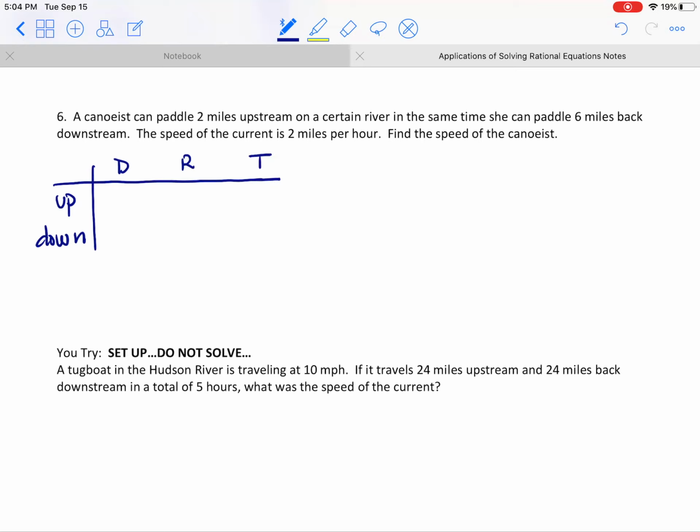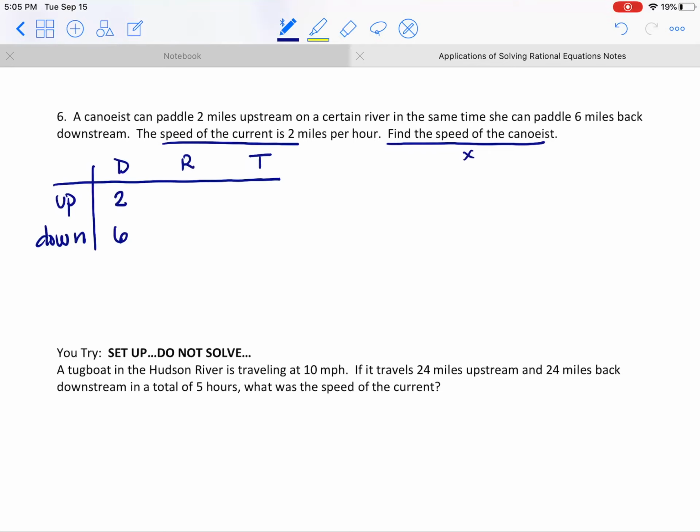So the canoeist can paddle 2 miles upstream, that's a distance up of 2, in the same time that she can paddle 6 miles back downstream. So there's a distance down, just 6. And the speed of the current is 2 miles per hour, and we're trying to find her speed. So the speed of the canoeist is an unknown, but we also have the speed of a current. Now, I don't know if you know about current, but if you're going upstream, you're fighting the current.